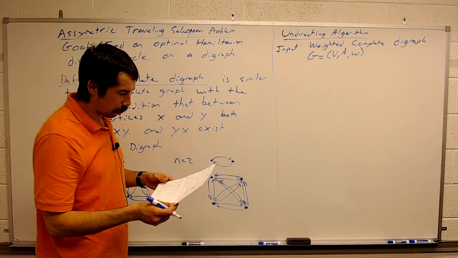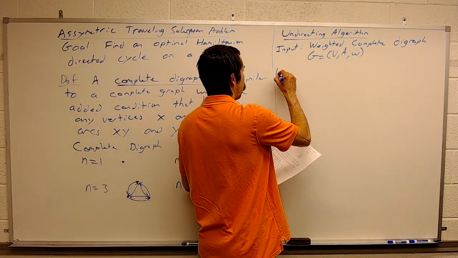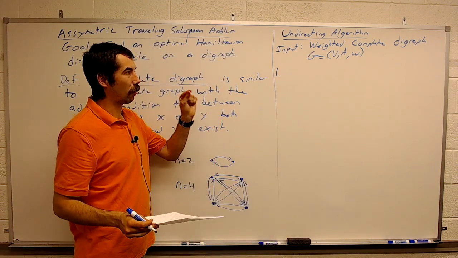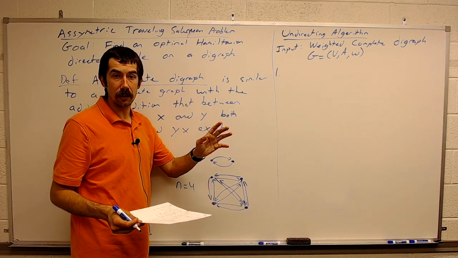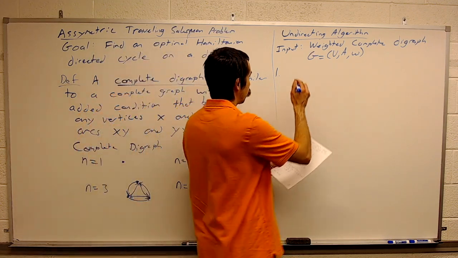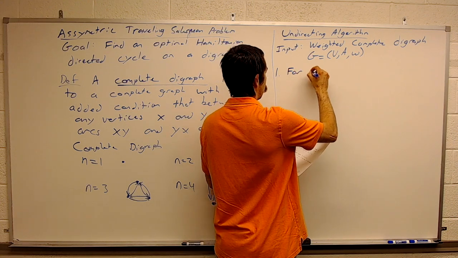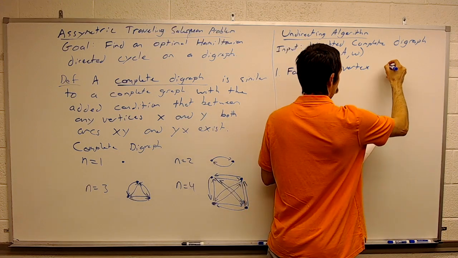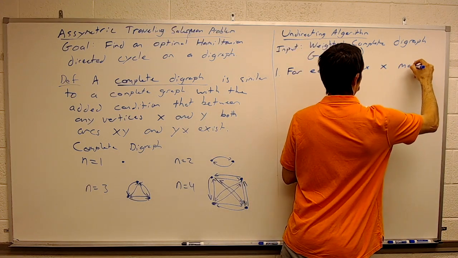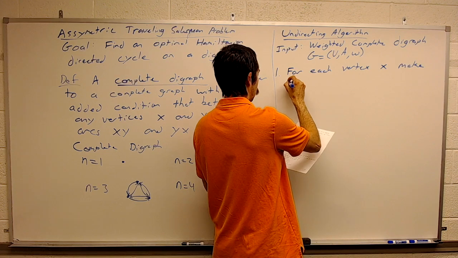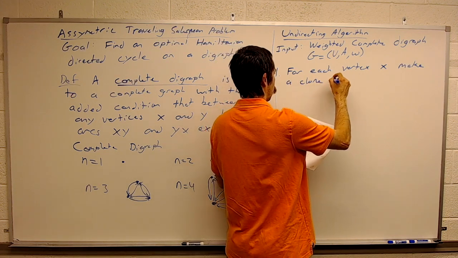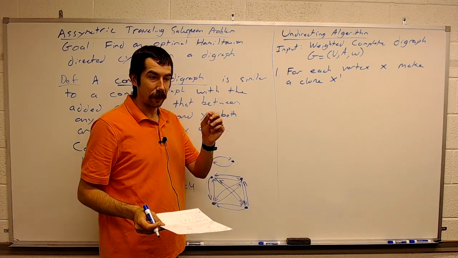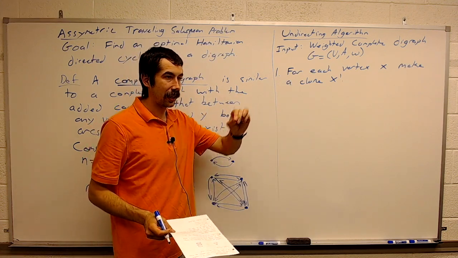All right, so how does this work? The first step is we're going to take every vertex in our graph and make a clone. So for each vertex, we're going to have it and its clone.